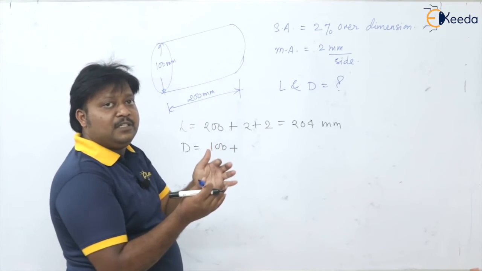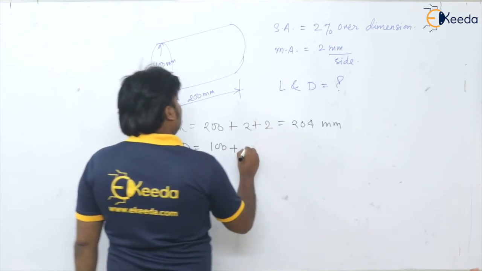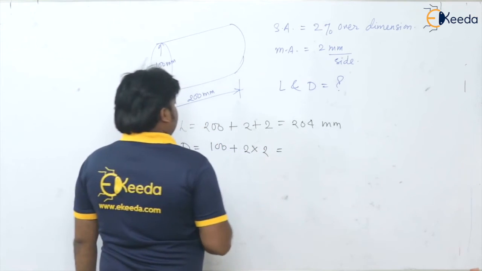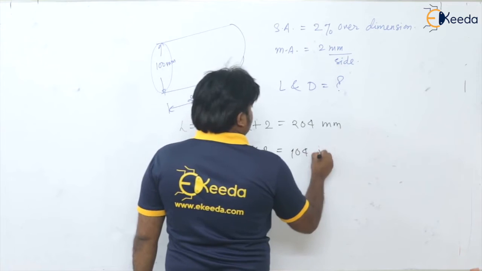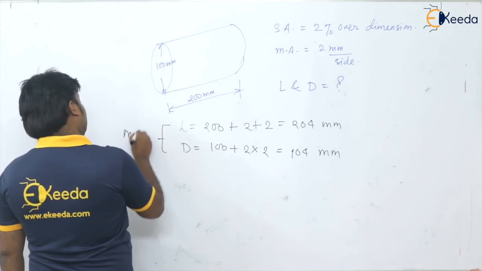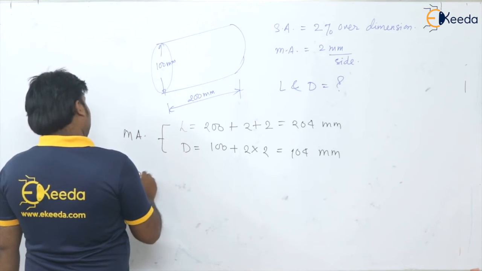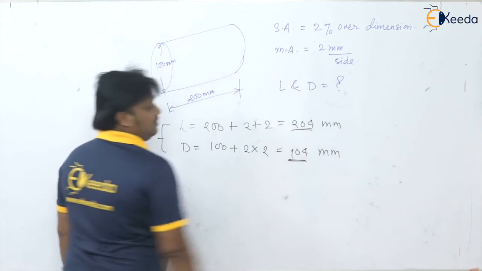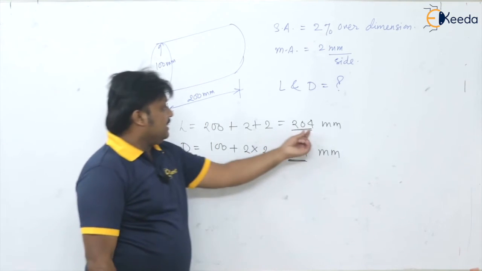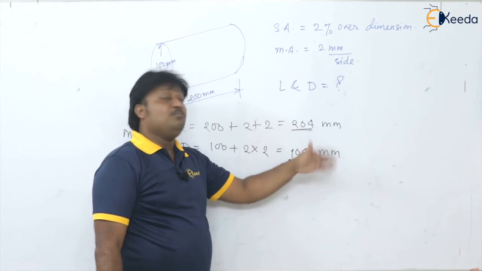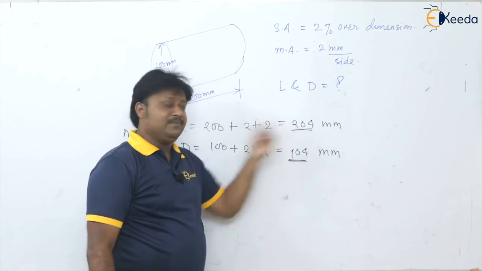For the cylindrical dimension, machining allowance is also provided 2 times. So 2 into 2, that is 104 millimeter. So first we provide the machining allowance, and finally we provide the shrinkage allowance on this dimension, so that this extra 4 millimeter can be compensated for the shrinkage, isn't it?